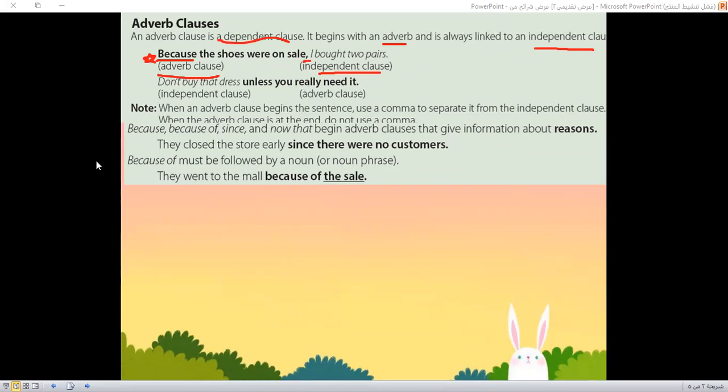For example, let's write examples here. And please write with me. So, for example, I would say, because I didn't sleep last night, what should I do now? Comma.